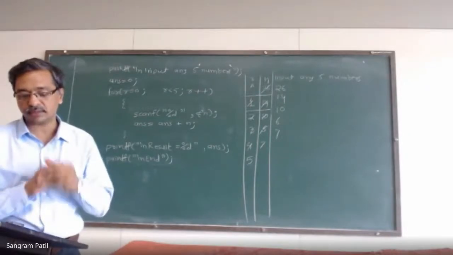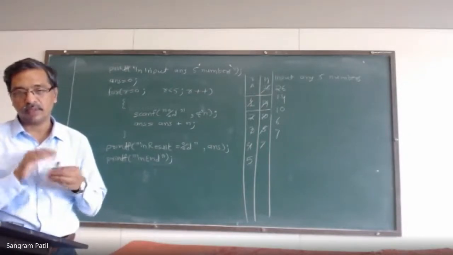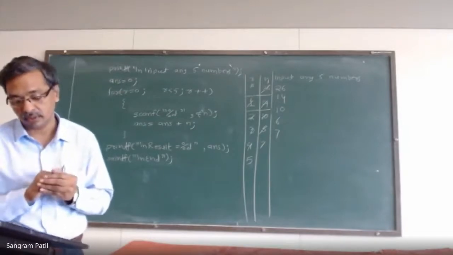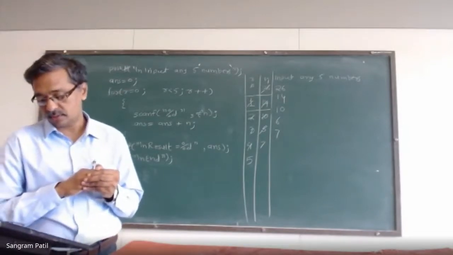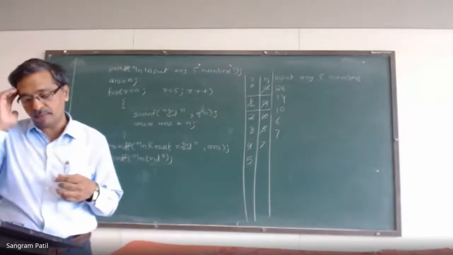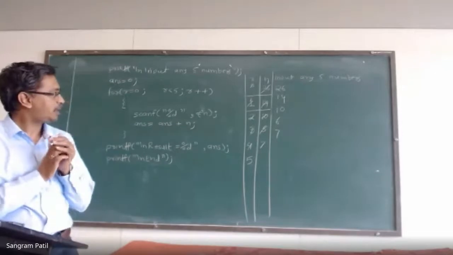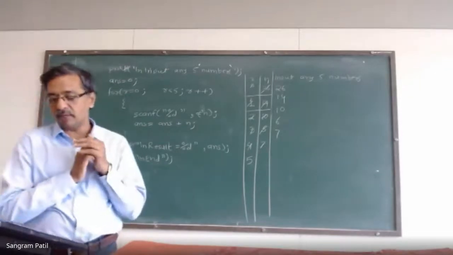Same numbers, addition of same numbers. Addition of 5 numbers with answer. Okay. कोणते 5 numbers?